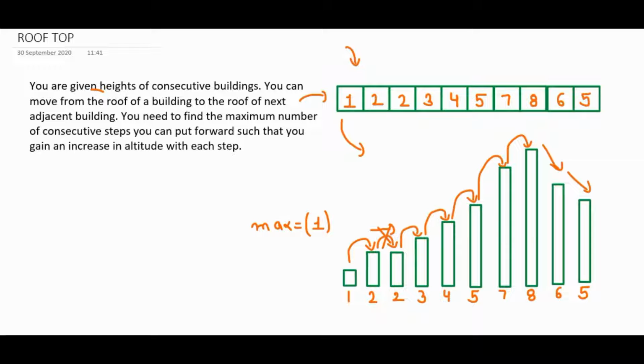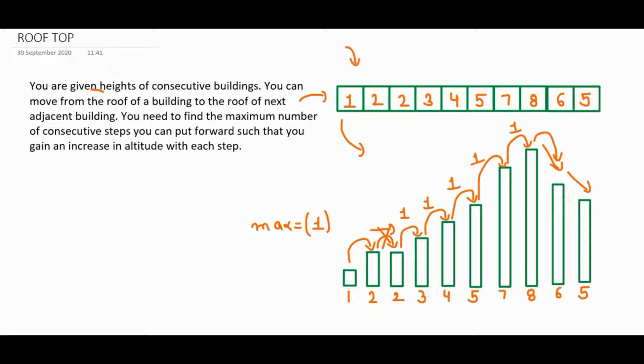Then we go from 2 to 3, there is an increase in one step. We have taken one step here. Then we go from 3 to 4, another step, 4 to 5, another step, 5 to 7, another step, and 7 to 8, another step. So the total number of steps is 1 plus 2 plus 3 plus 4 plus 5. Then there is a decrease from 8 to 6.